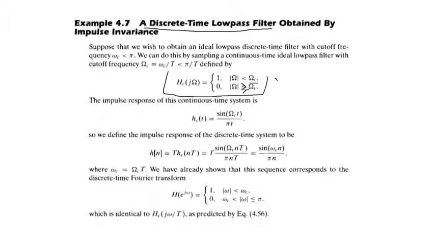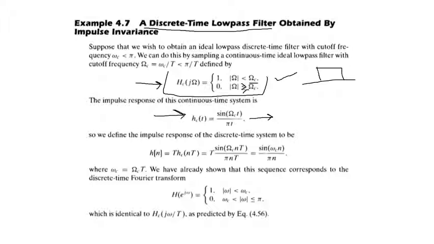We take the inverse of this. We know this is a square function in the frequency domain. Its inverse will be a sinc function. Everybody knows the formula of this. Its inverse will be this.